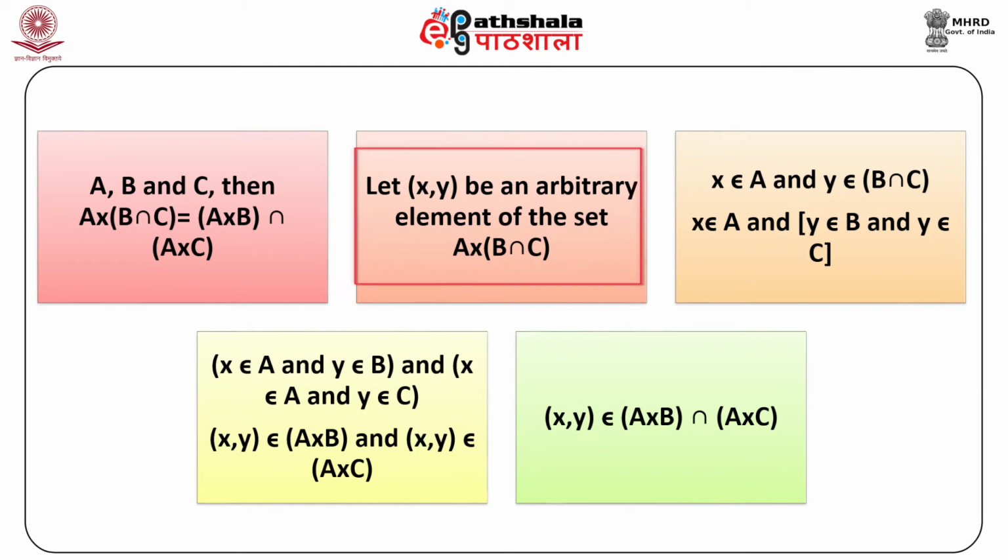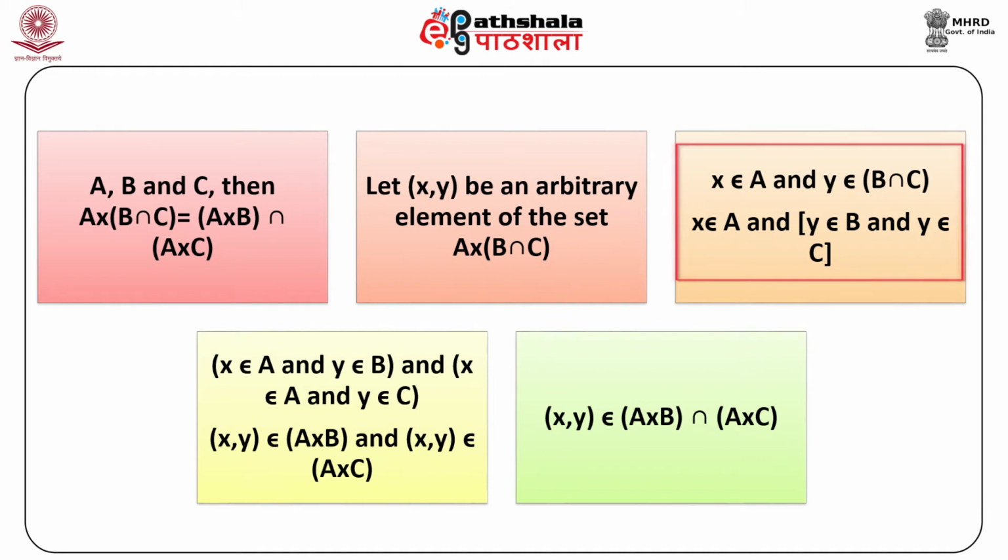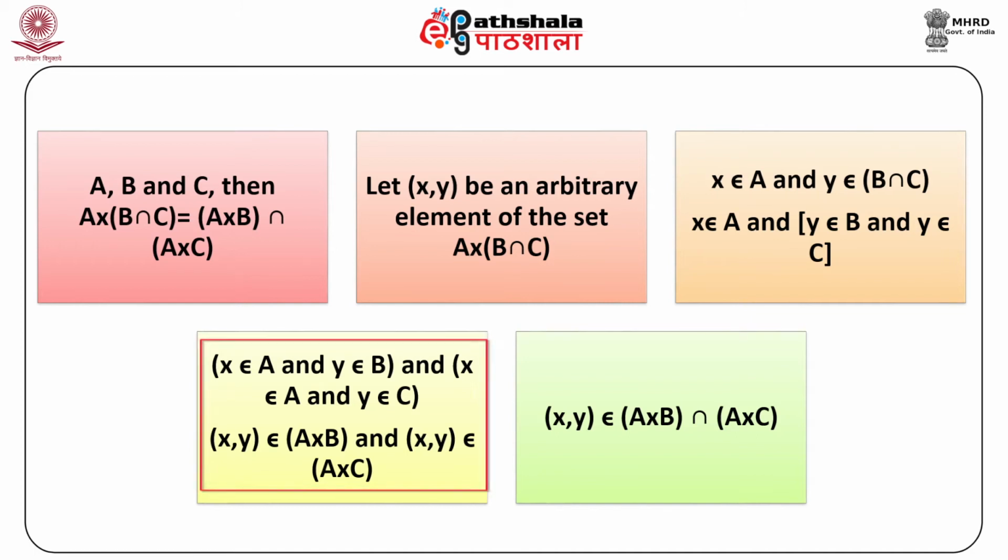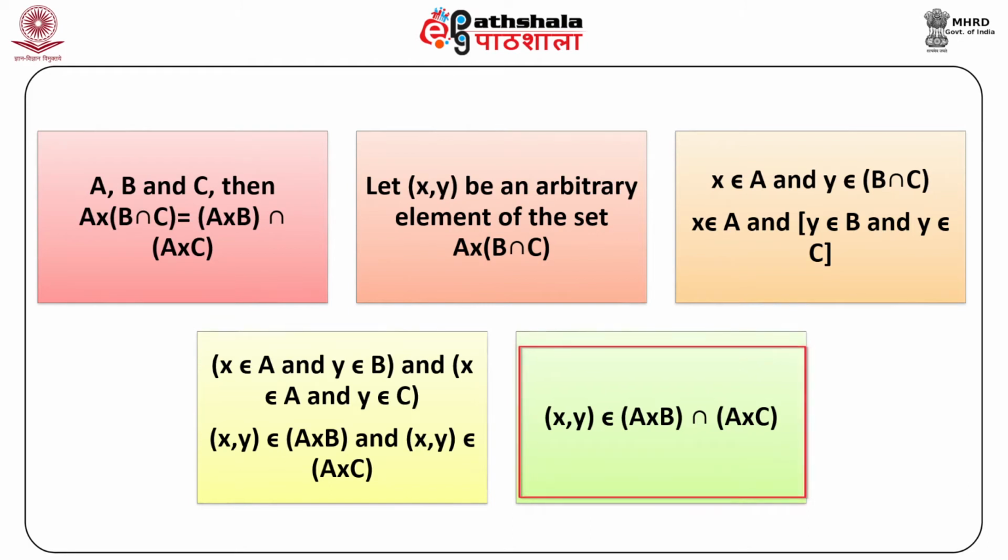Then x belongs to A and y belongs to the intersection of B and C. So x belongs to A and y belongs to B, and y also belongs to C. That is, (x belongs to A and y belongs to B) and (x belongs to A and y belongs to C). This may be written as the ordered pair (x, y) belonging to A × B and the ordered pair (x, y) belonging to A × C. Therefore, (x, y) belongs to the product of A and B intersection the product of A and C.